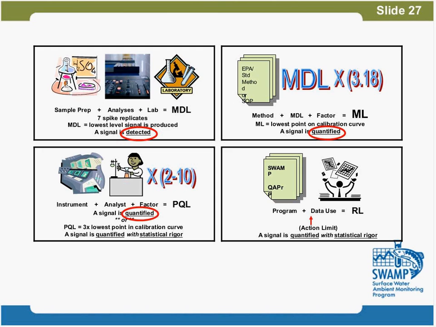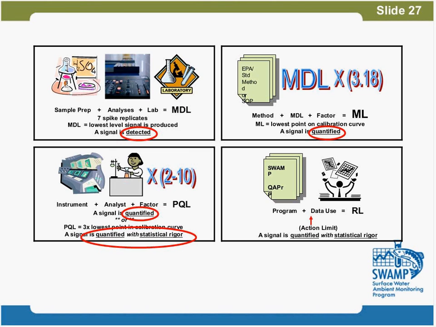The first definition of the practical quantitation limit is where we move up in concentration level and our ability to use the data, as now we have quantified data. And the third definition of the PQL is 3 times the lowest point on the calibration curve, where we have both quantified data with statistical rigor.